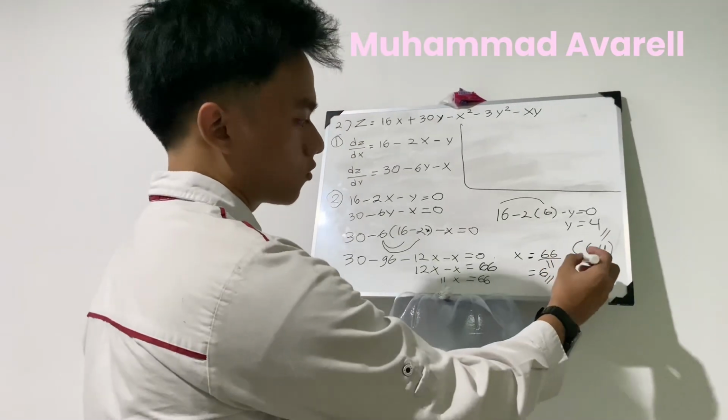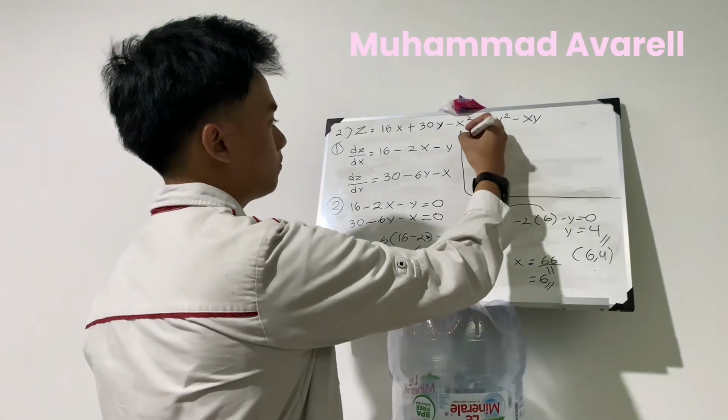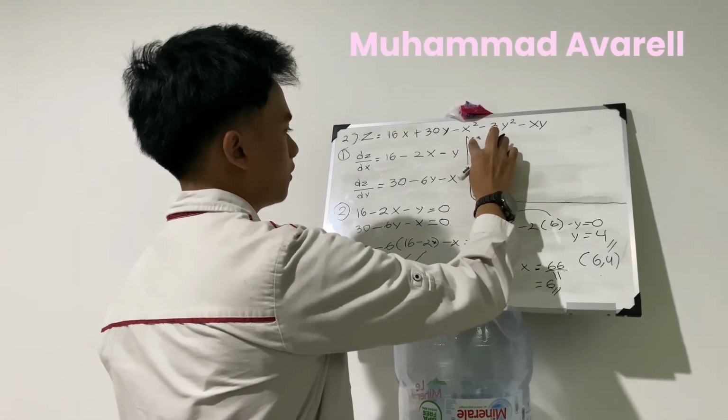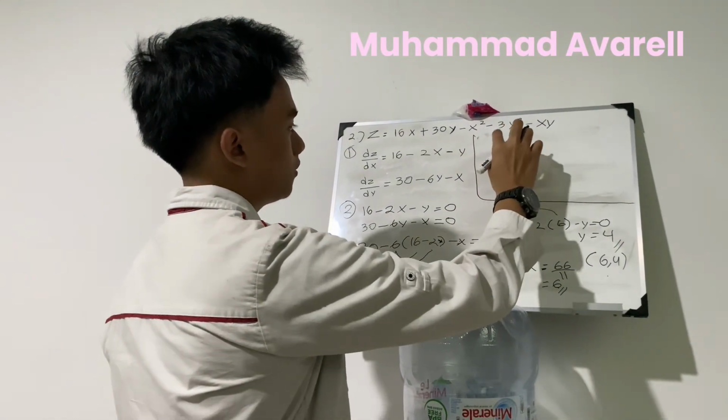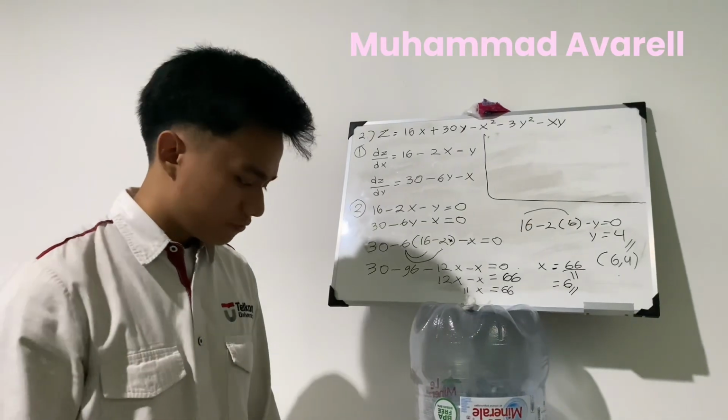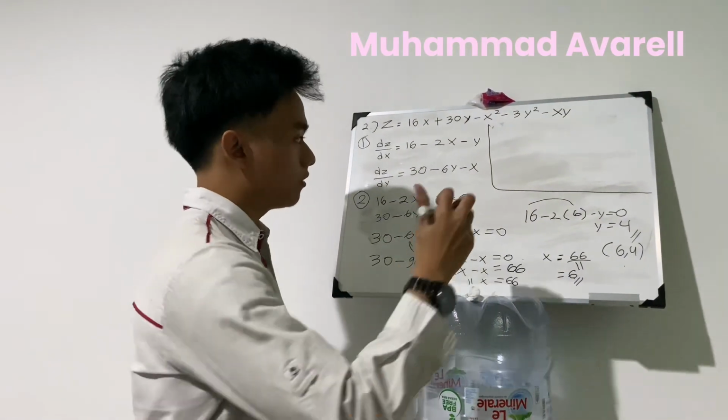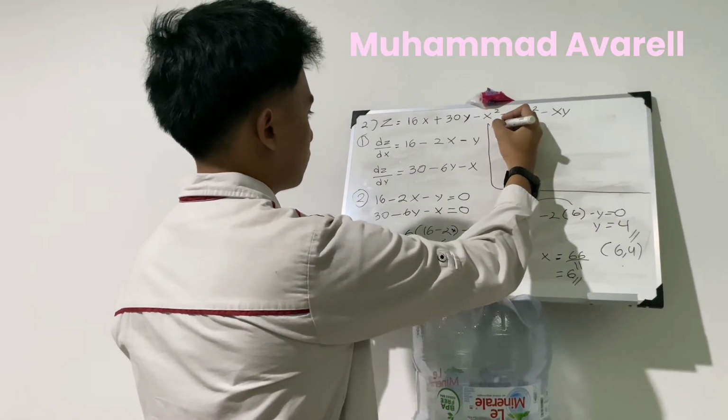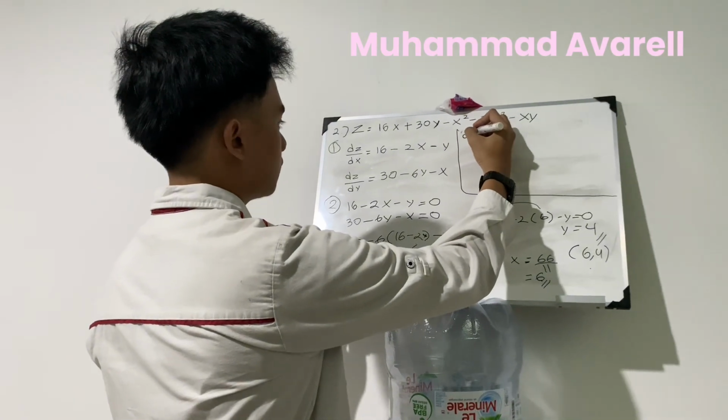After we find the critical point, now step 3 is we must find the second partial derivatives. So we just do like this.